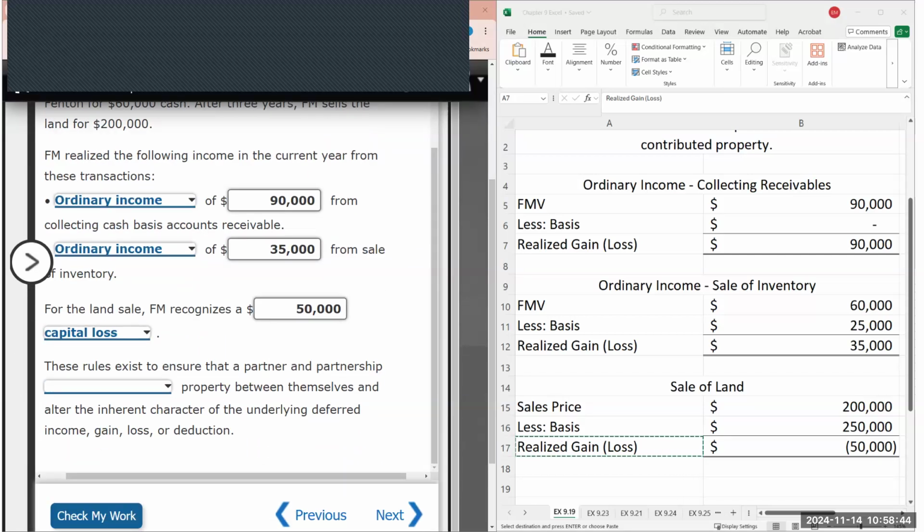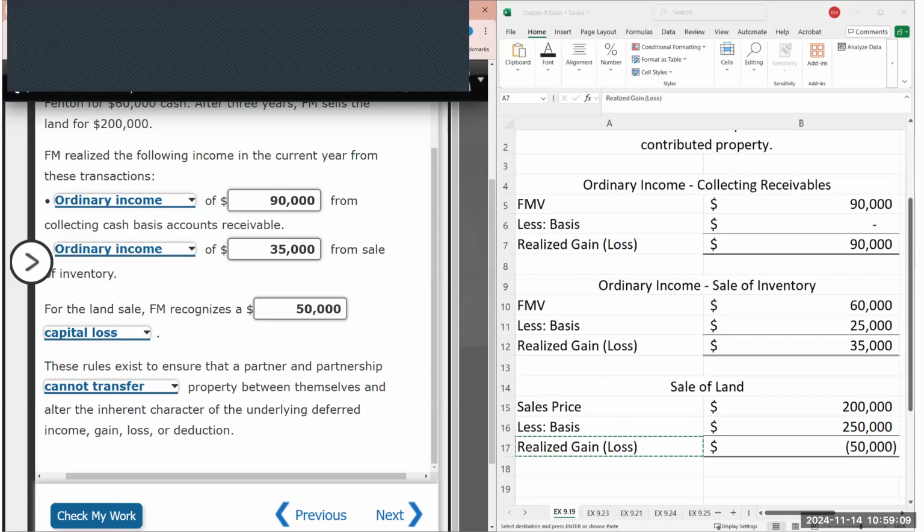So here it's saying these rules exist to ensure that a partner and partnership cannot transfer property between themselves and alter the inherent character of the underlying deferred income, gain, loss, or deduction.